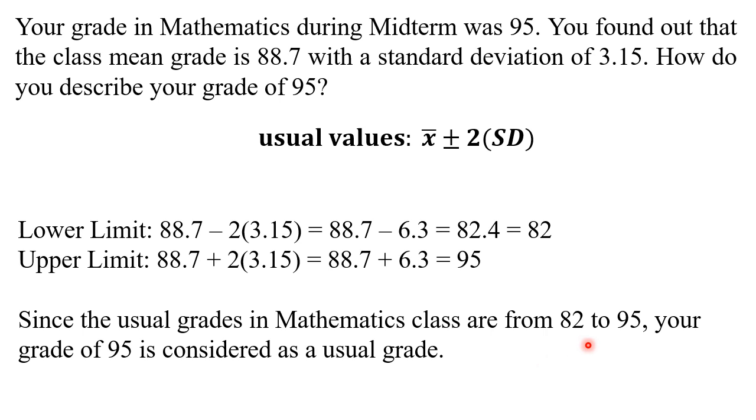So any grade that is less than 82 or greater than 95 is considered unusual, either unusually low or unusually high. So this is now another example, class, of the use of the mean and standard deviation using the usual values.